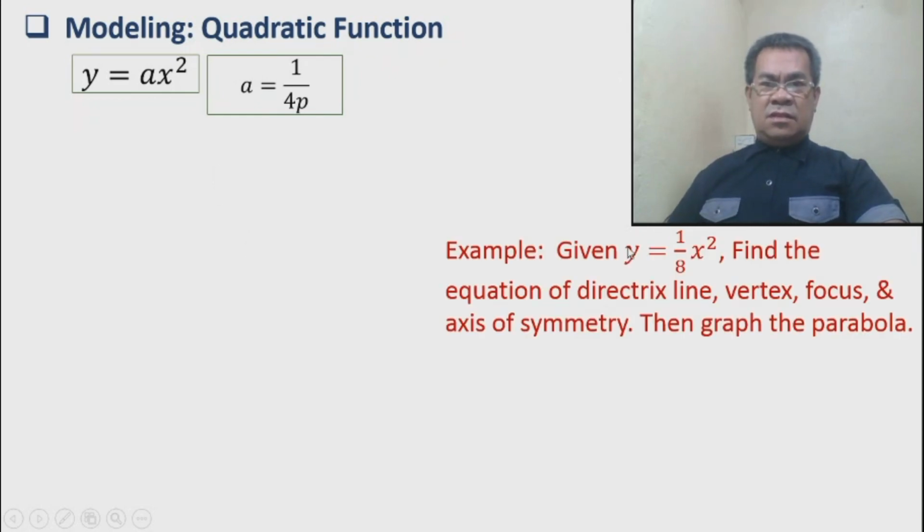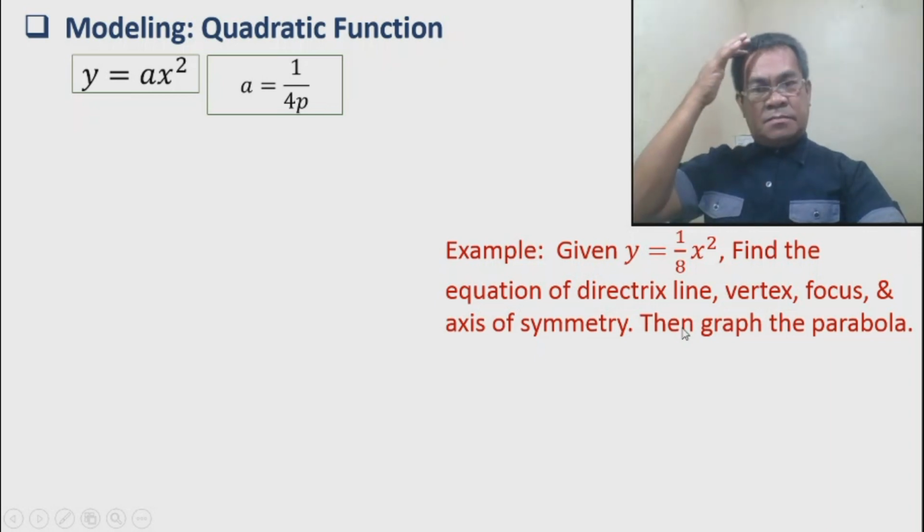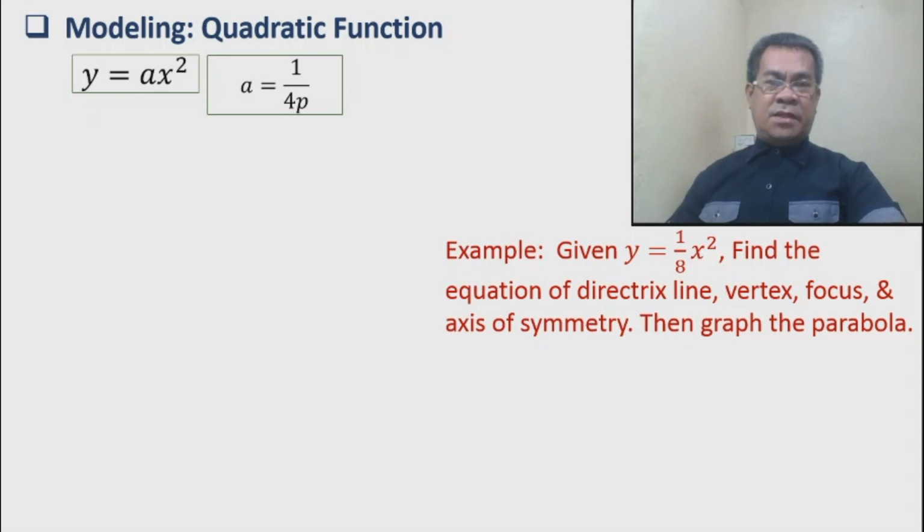Okay. Now suppose given y is equal to 1 over 8 x squared. The question now is: find the equation of the directrix line. So remember, the directrix is the line at a distance p from the origin, and it does not touch the curve.